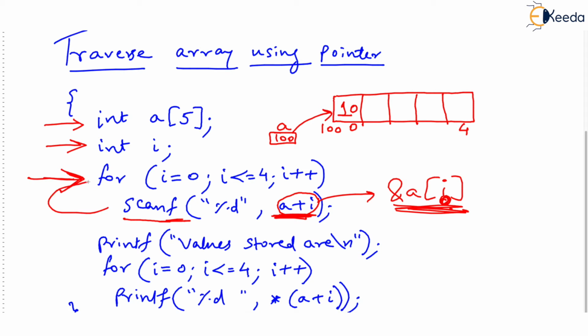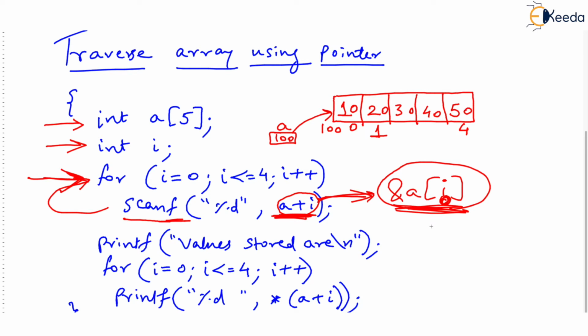When the loop repeats, I plus plus will make I as 1. So now we are ready to scan the first element. A plus I written in the scanf is equivalent to &A[I], the address of the ith element. So to the scanf, we are giving the address of the ith element. Whatever the user enters, maybe 20, will go at the ith element, and this goes on till I becomes 4.